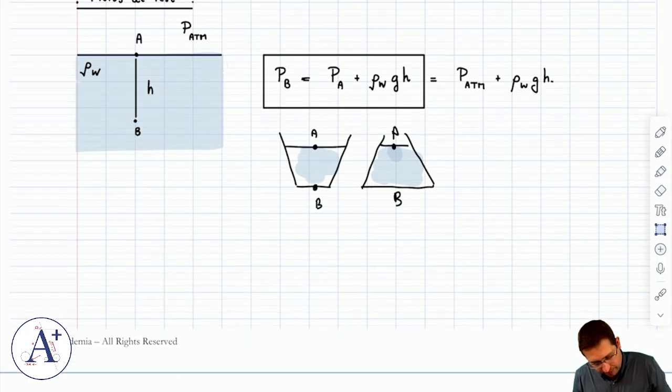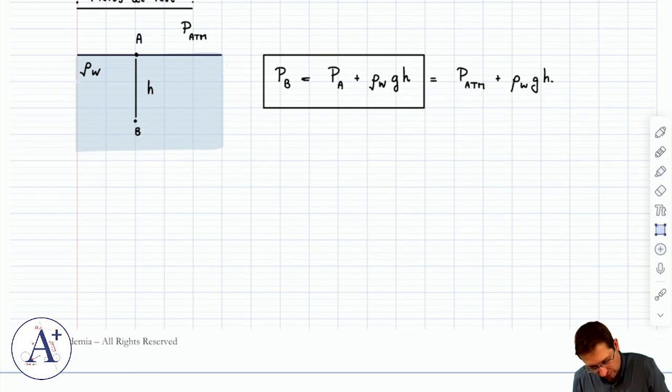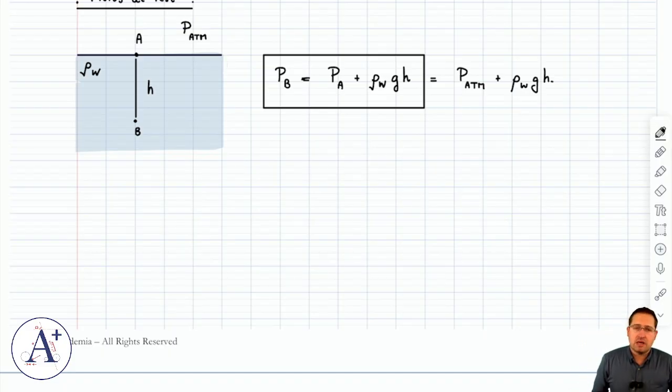So it is only depth that matters. Okay, so pressure increases with depth, and PB is PA plus rho water gH, or rho of whatever fluid. If this is something else, you plug in the right mass density. There we go. That's the word I was looking for.